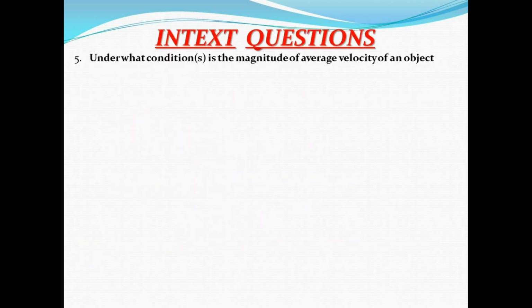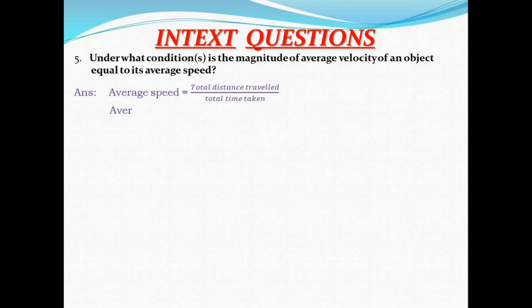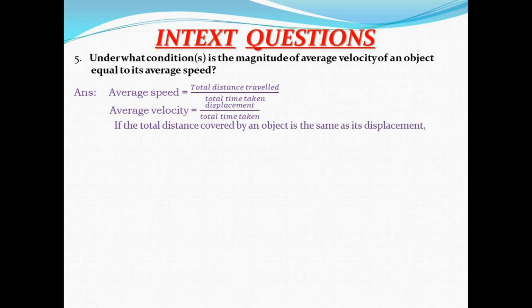Last question. Under what condition is the magnitude of average velocity of an object equal to its average speed? We know that average speed equals to total distance traveled divided by total time taken, and average velocity equals to displacement divided by total time taken.